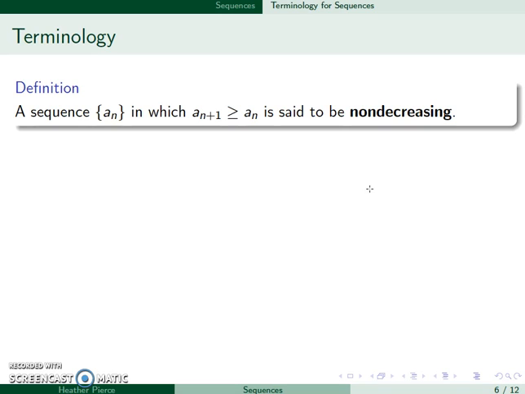There is some terminology for sequences. So if we have a sequence a sub n in which a sub n plus 1 is greater than or equal to a sub n, this is said to be non-decreasing. So this would be a sequence like 1, 2, 3, 4, 4, 4, 5, etc. So basically, we can have our terms either getting bigger or staying constant.